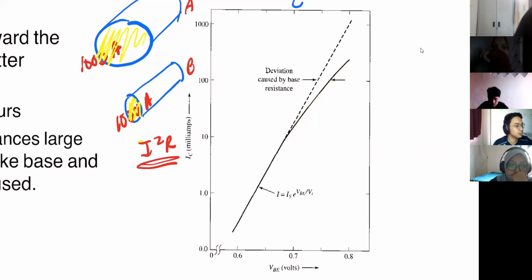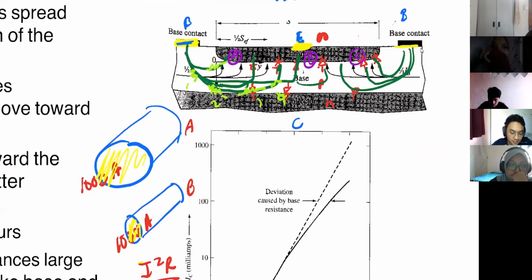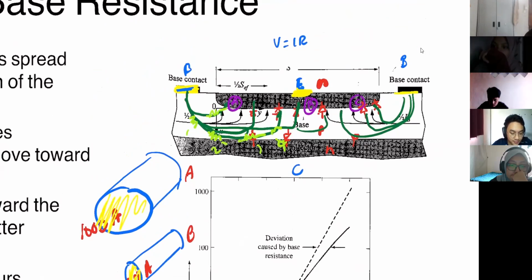You have less current because this is due to the voltage drop in the base. So the amount of voltage you put is lost as heat, which is not good. We want all the voltage used to create diffusion current. But instead, the voltage you put is lost in the base emitter region over here.